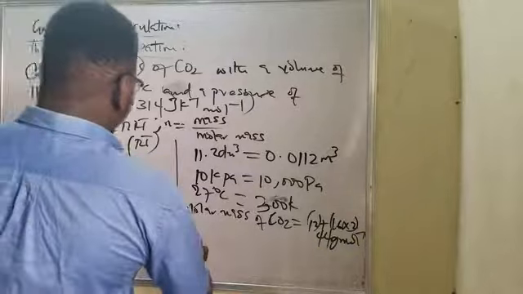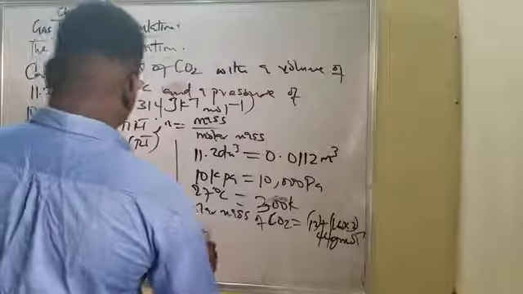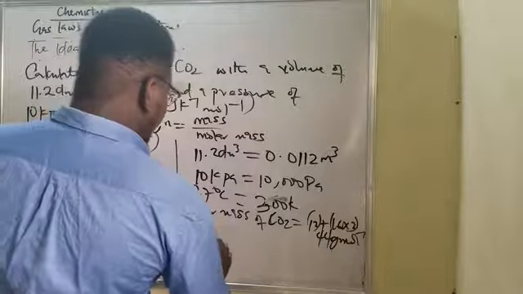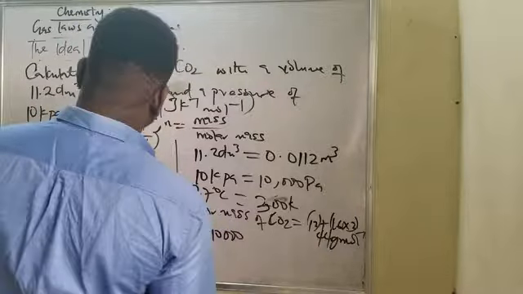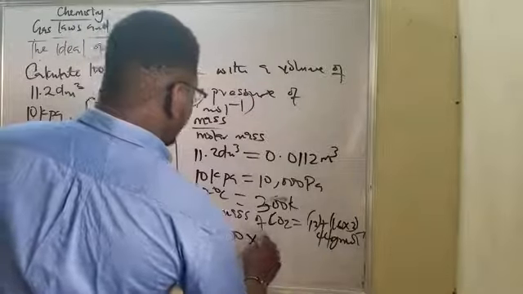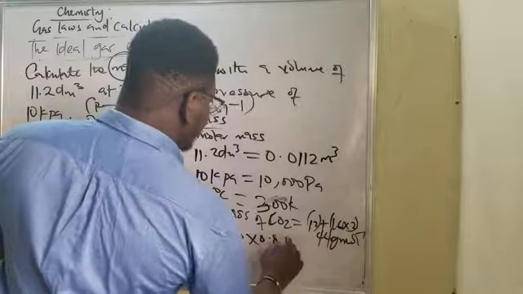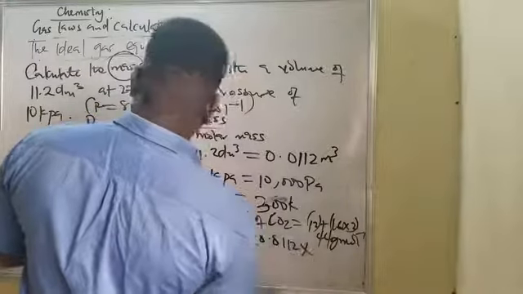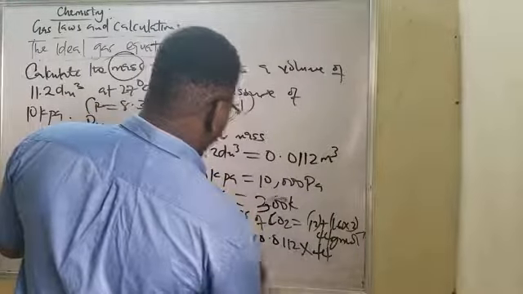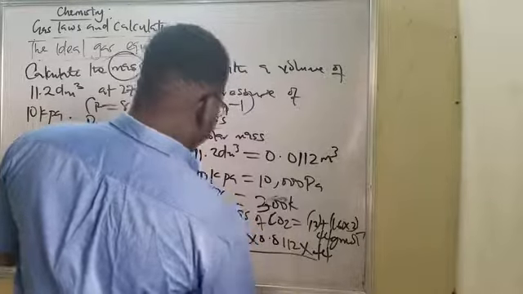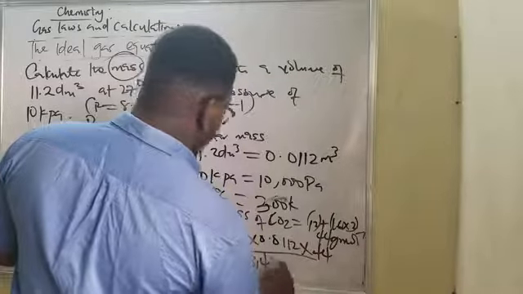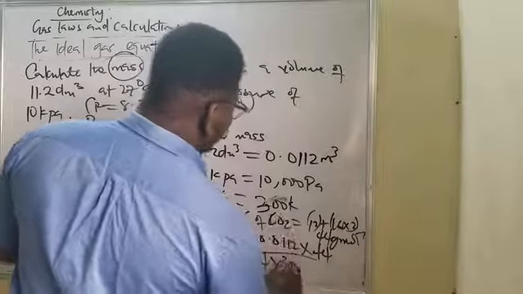So if I'm following this, my M is equals to my pressure, which is 10,000 pascal, times my volume 0.0112 times my molar mass of 44 over my R, which has been given 8.314, times my temperature of 300.